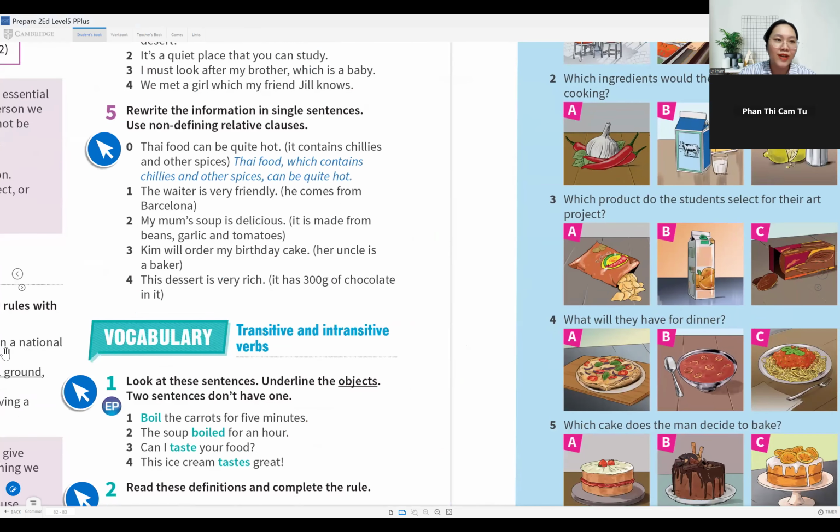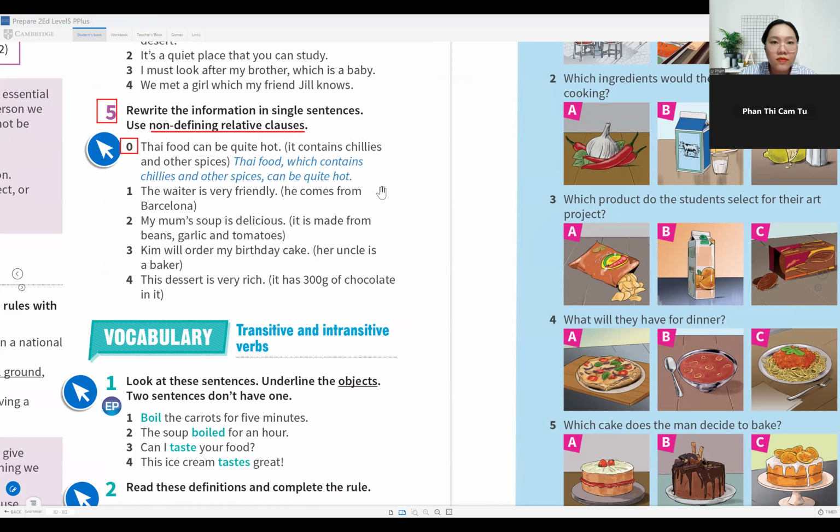Exercise number 5 is quite a difficult exercise because you need to rewrite. And for this, use non-defining relative clauses, just one kind of relative clauses. Can you please read sentence number 0? Thai food can be quite hot.